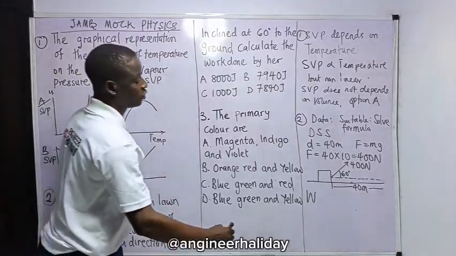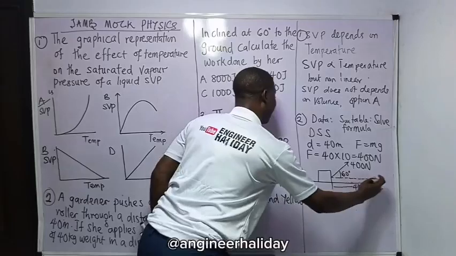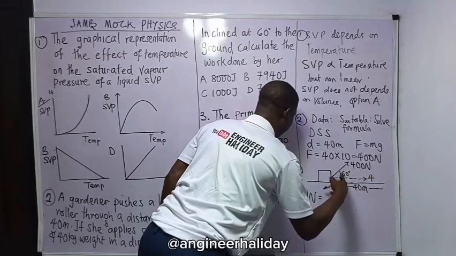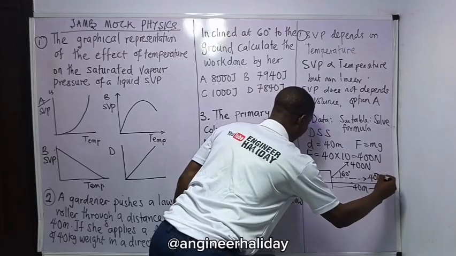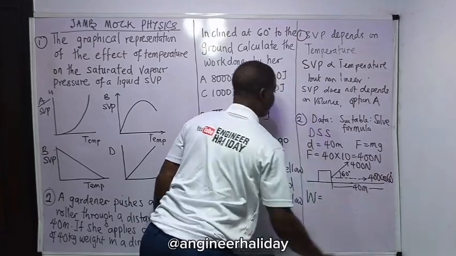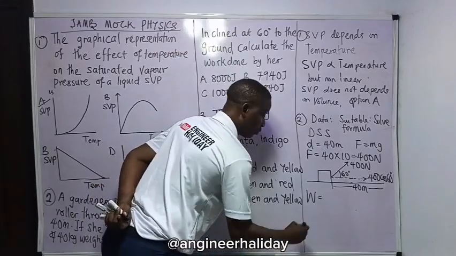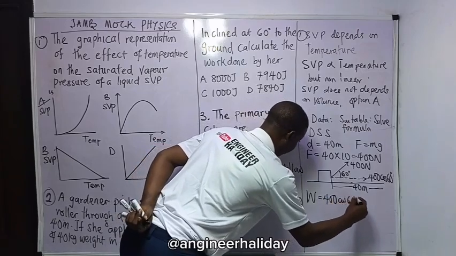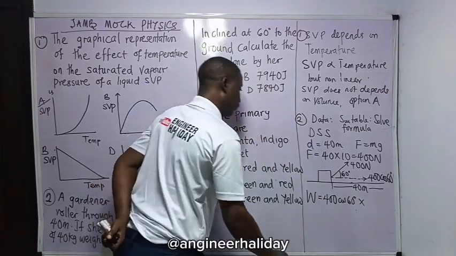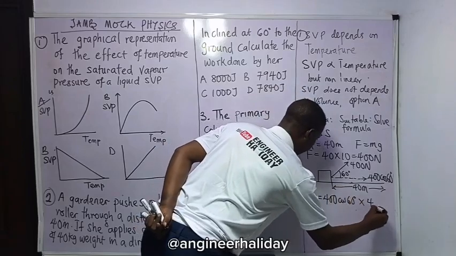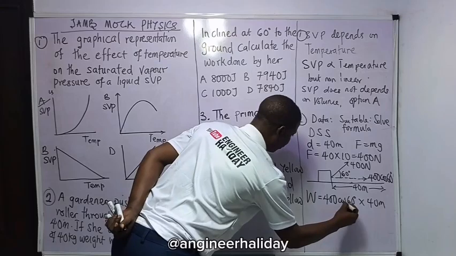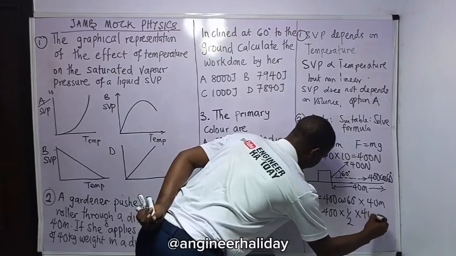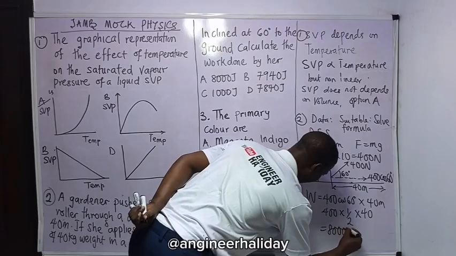Now what do we do? We just use our formula. We resolve this 400 along the horizontal. Since it's inclined to the horizontal, it will be 400 cos 60 degrees, which is the force, times the distance moved, 40 meters. 400 cos 60 is half, so 400 times half times 40 gives 8,000 joules.